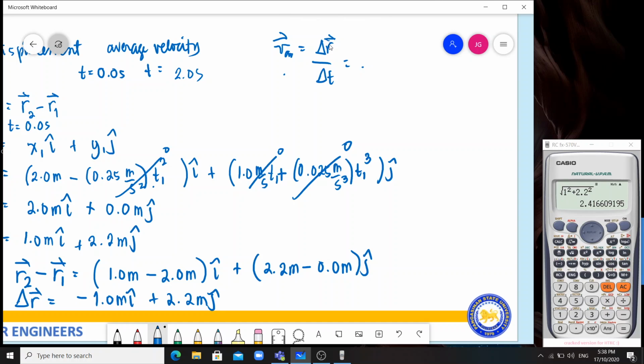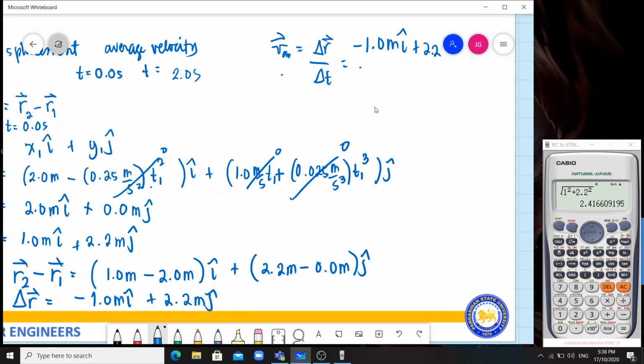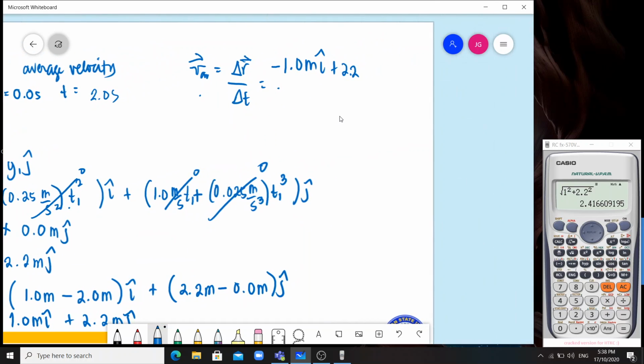So, meron na tayo ditong delta r na result, negative 1.0 m i plus 2.2 m j, and then ang t2 natin is 2.0 seconds minus 0.0 seconds. Okay?